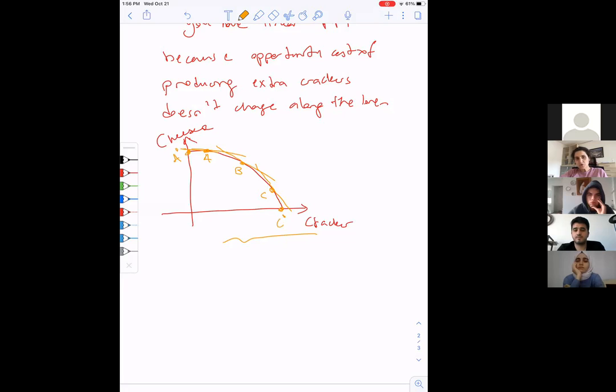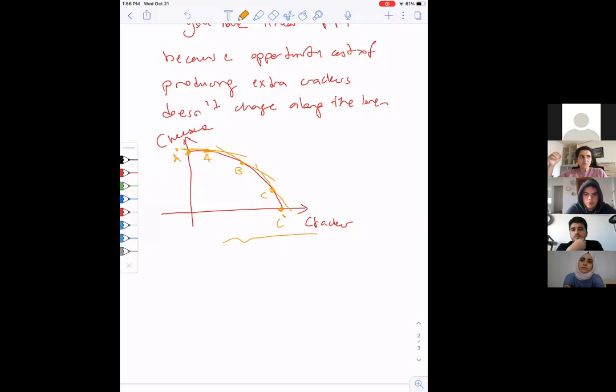At point A prime, the country is using all of its resources to produce cheese. At point C prime, the country is using all of its resources to produce cracker. If I shift some of my resources to produce cracker instead of cheese, I decrease the amount of resources used to produce cheese. So it means that we are going to produce a smaller amount of cheese, right?